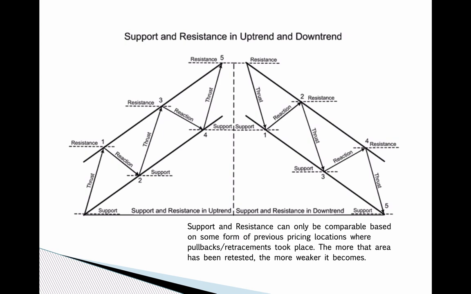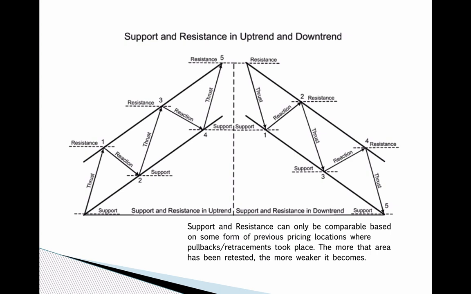So you see here in the example, we get a move up, we hit the resistance level, and then we start working our way back down. Then we get a price rejection off of support, we thrust back up, get another resistance level there, and then price reacts, pushes back down, and then we move back up.